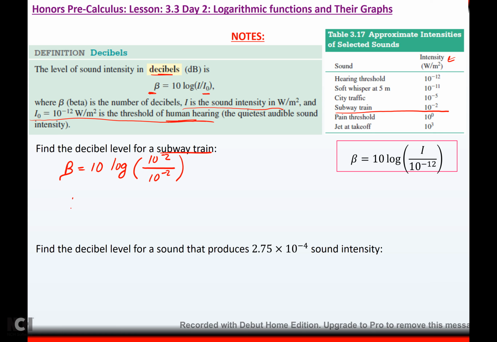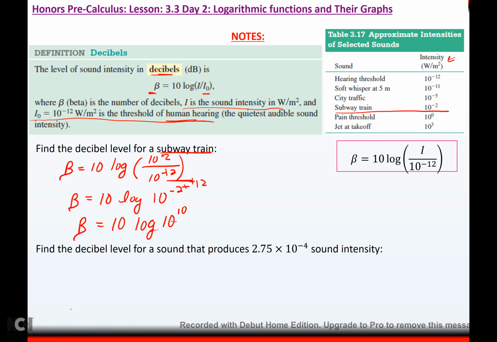If I simplify inside, I would have beta equals 10 times the log of 10 to the negative 2 minus a negative 12, right? Because when you divide, you subtract exponents. So negative 2 minus a negative 12 turns positive, and that gives me 10 log 10 to the 10.